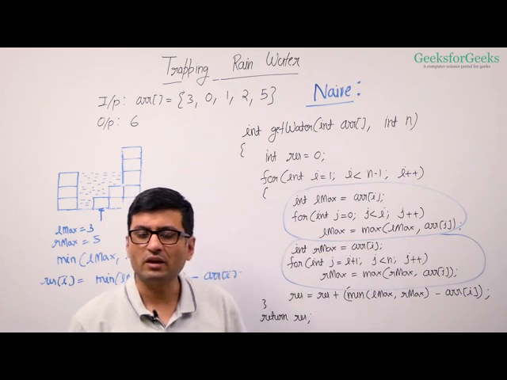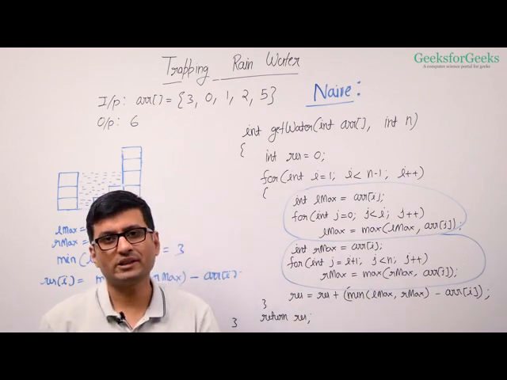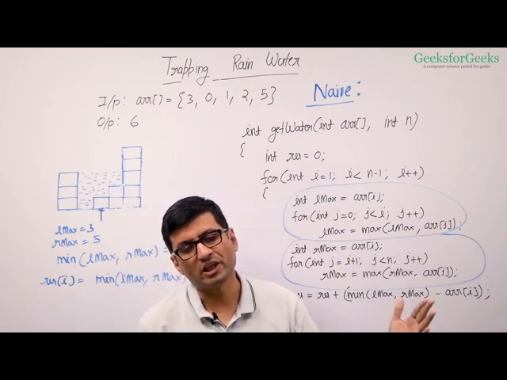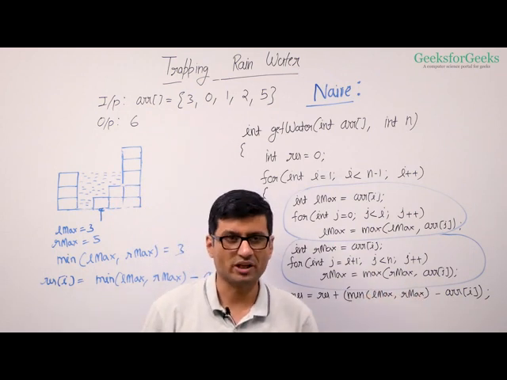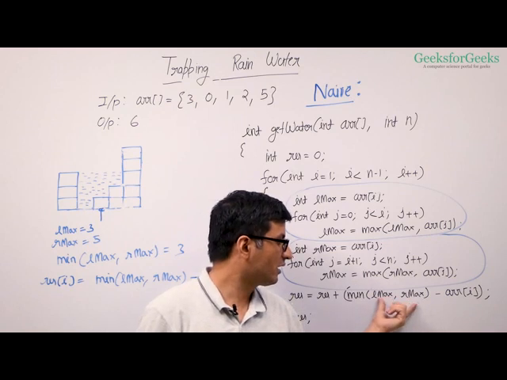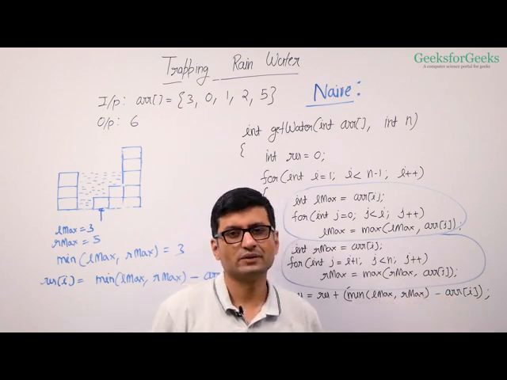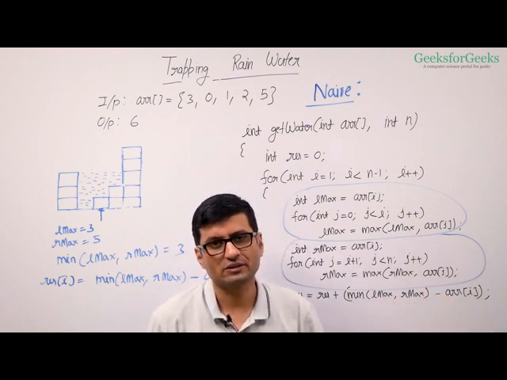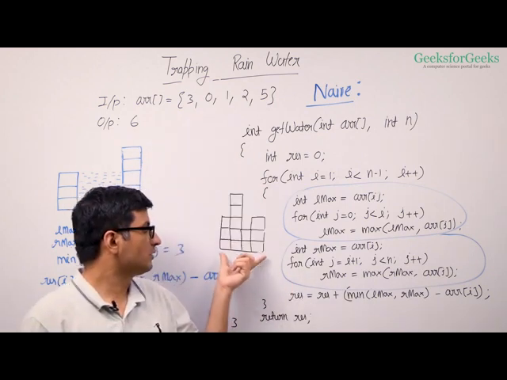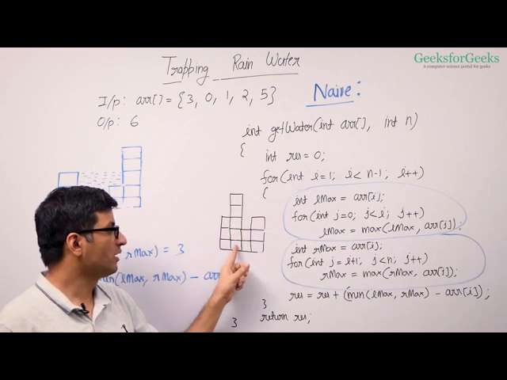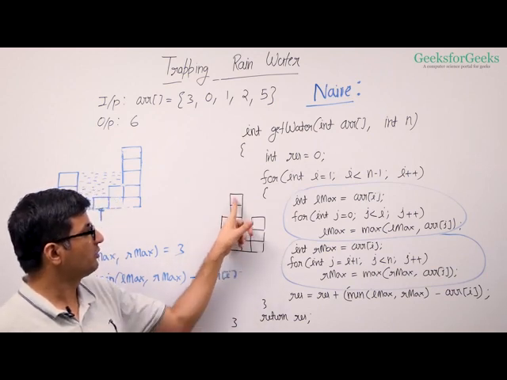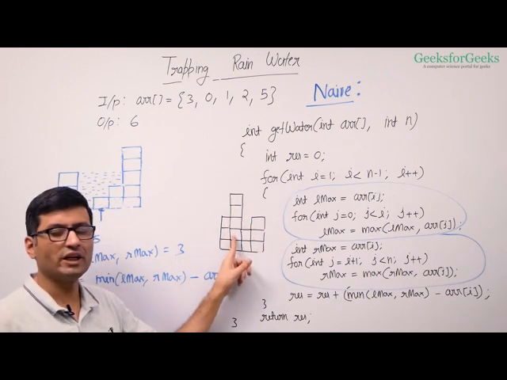Now please note that if there is no greater element on the right side of a bar, Lmax and Rmax are going to be the same as the current bar. So you will get arr[i] minus arr[i], and you will get 0 in those cases. For example, in this input, if you consider this bar, left max is going to be the same as the height of this bar, which is 5.